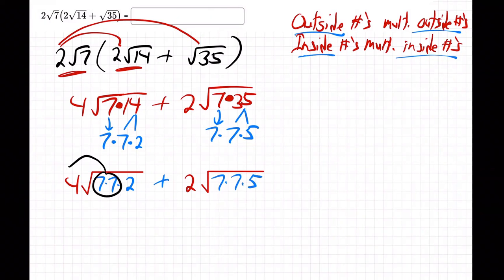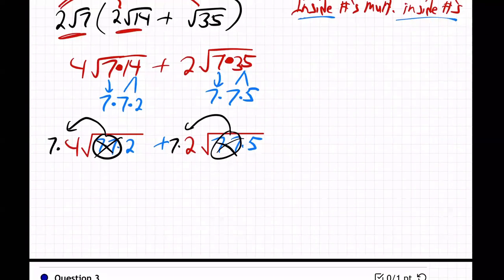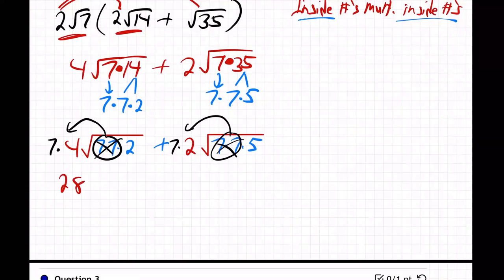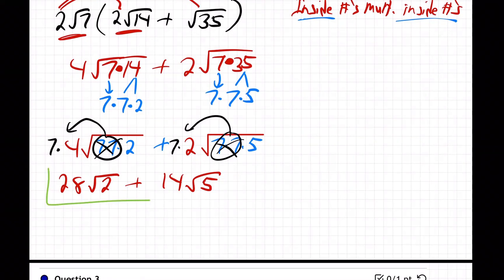The 2 7s in, send 1 7 out, they're gone. The 2 7s in, send 1 7 out, they're gone. So what does that leave us? 28 on the outside, square root of 2, plus 14 on the outside, square root of 5. Can we add those two now? No, we're done, huh? Let's put a box around this. This one is over. We're finished.